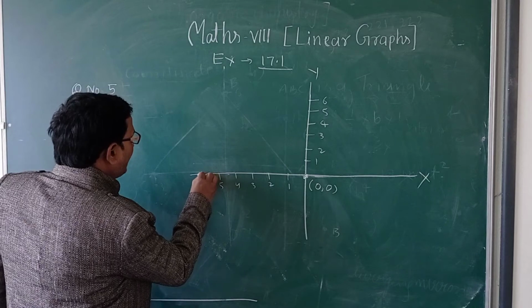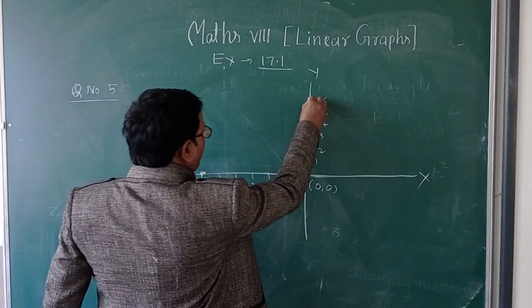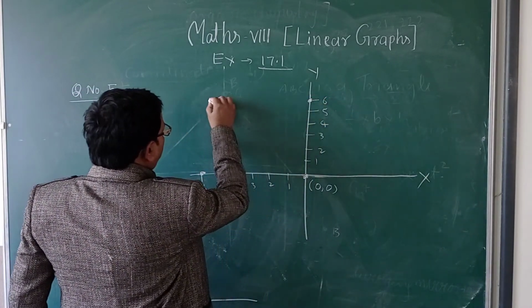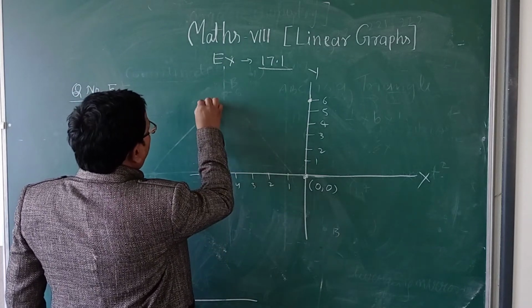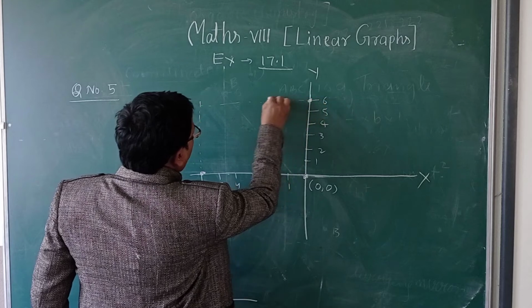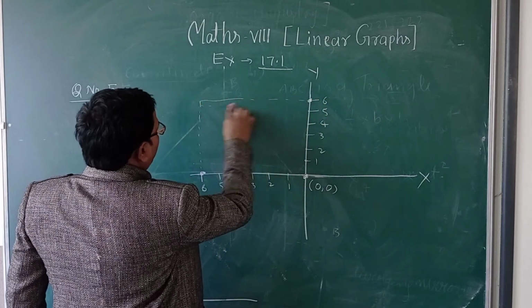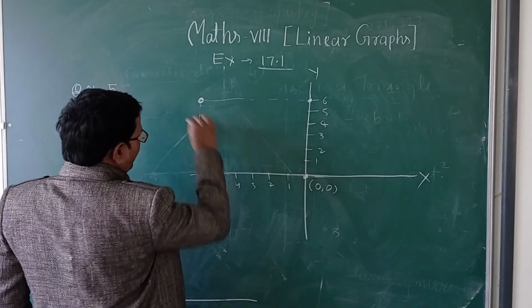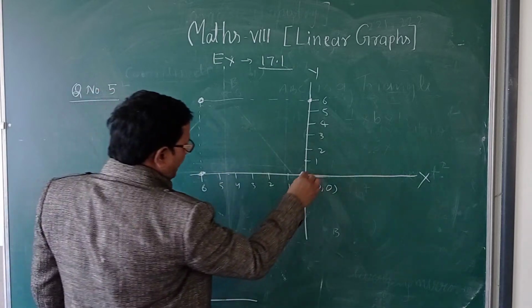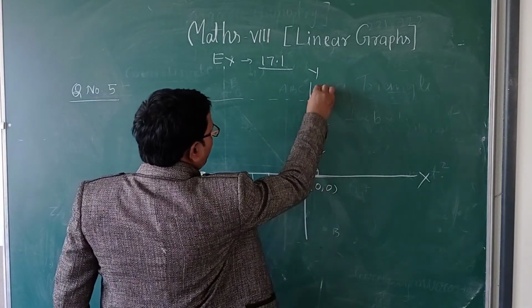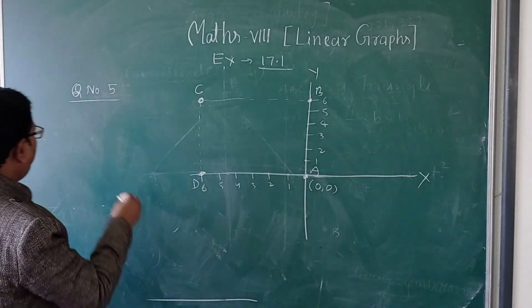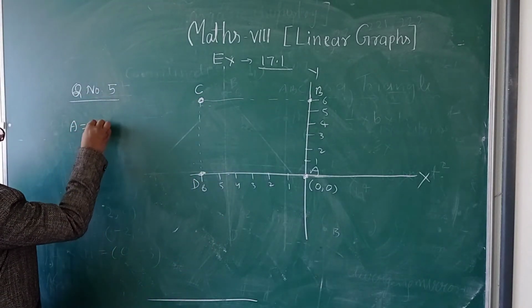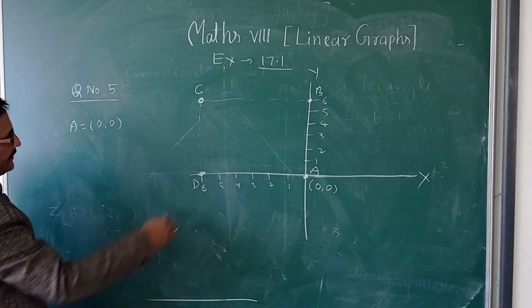Suppose the points are A, B, C and D. The coordinates of A are (0, 0) because it lies at the origin.